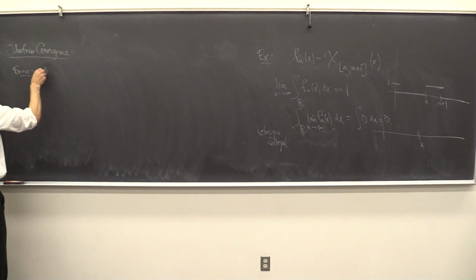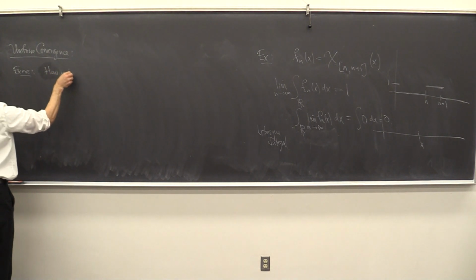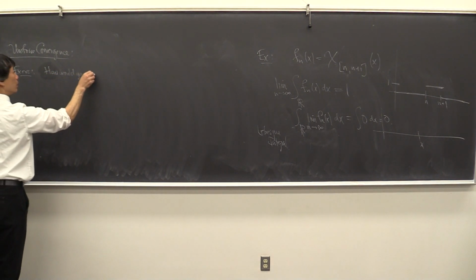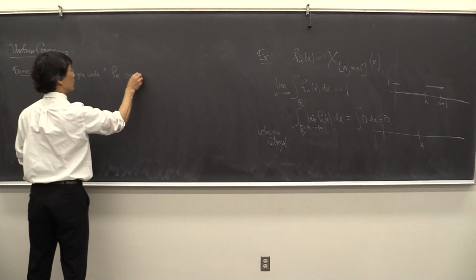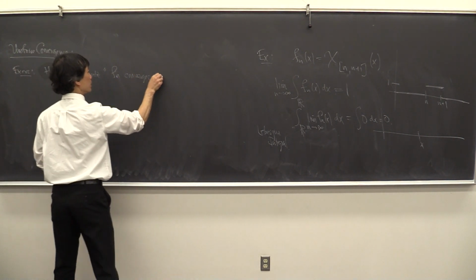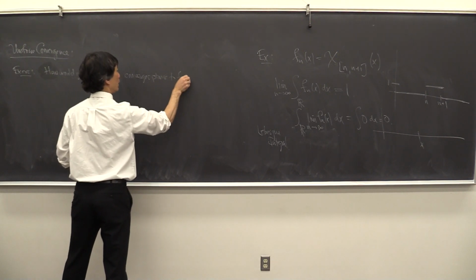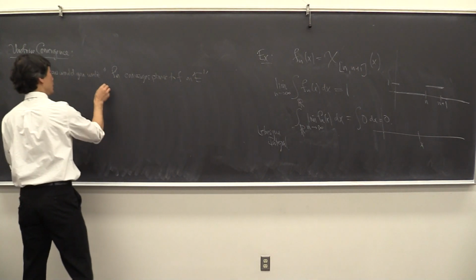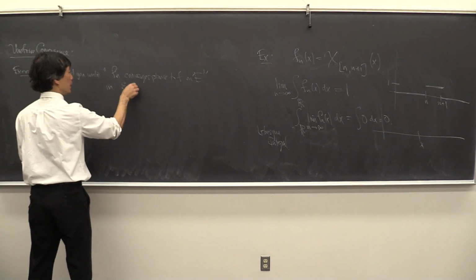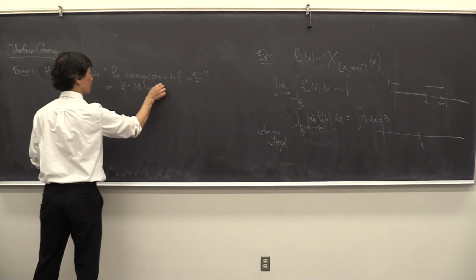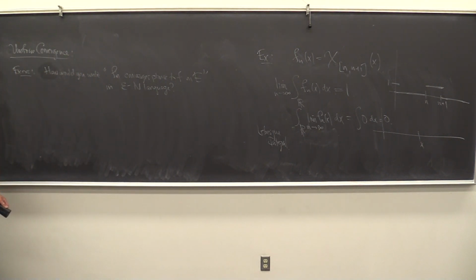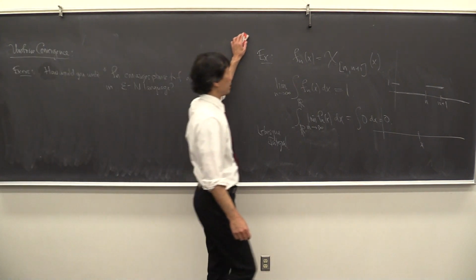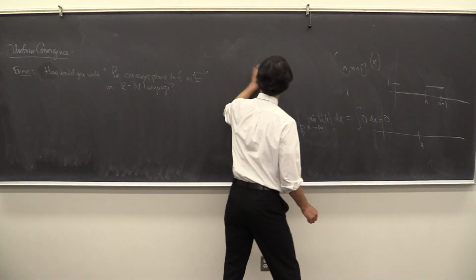How would you write f_n converges pointwise to f on E in epsilon-N language? How would you write that? Take a minute and write something down.